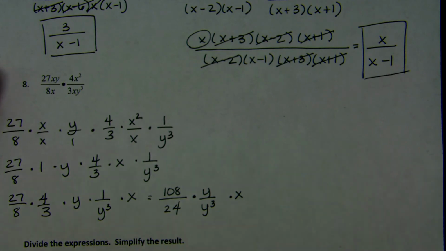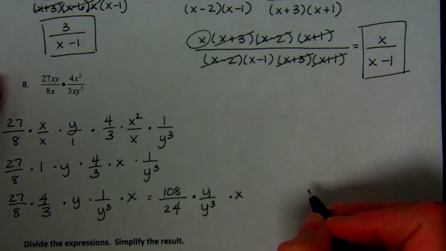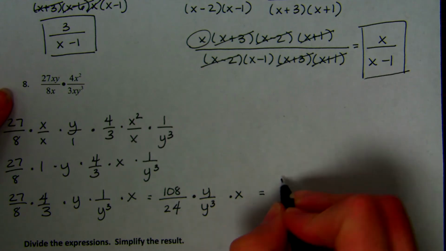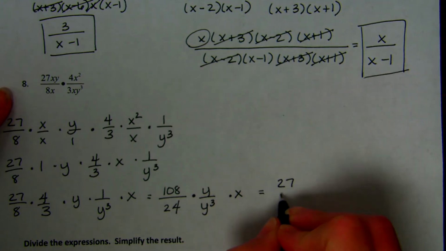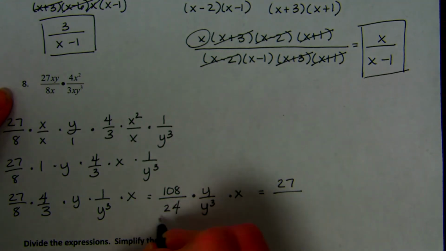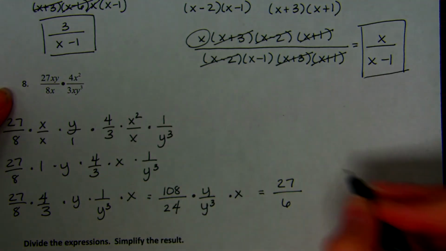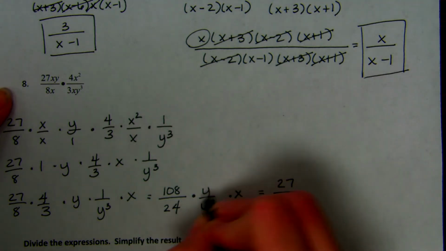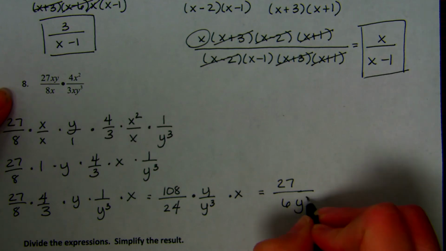108 over 24, those are both divisible by 4 for starters. So if we divide by 4 here, this is 27 over, and 24 divided by 4 is 6. And then the y over y cubed, that's a y squared in the bottom.